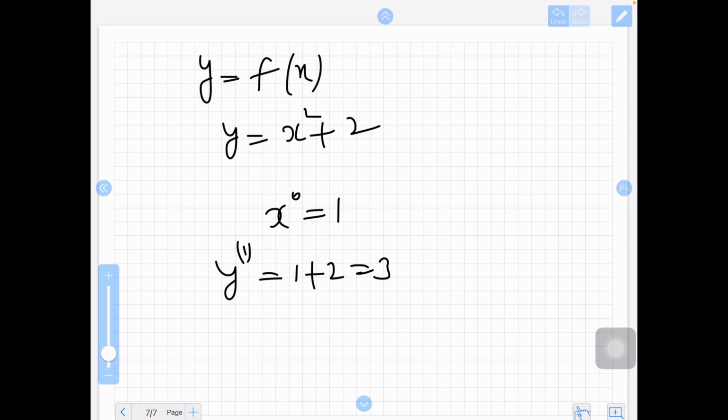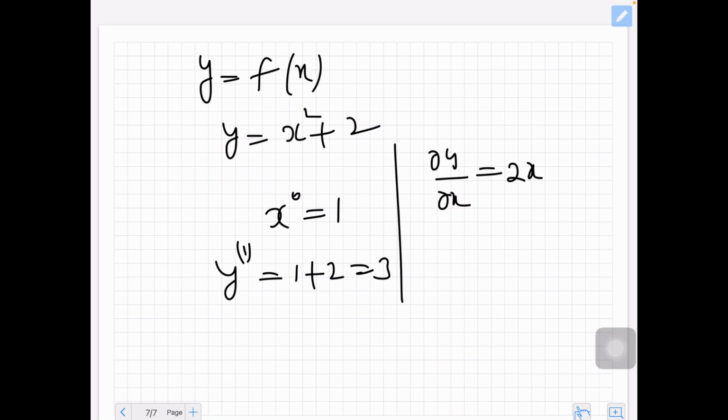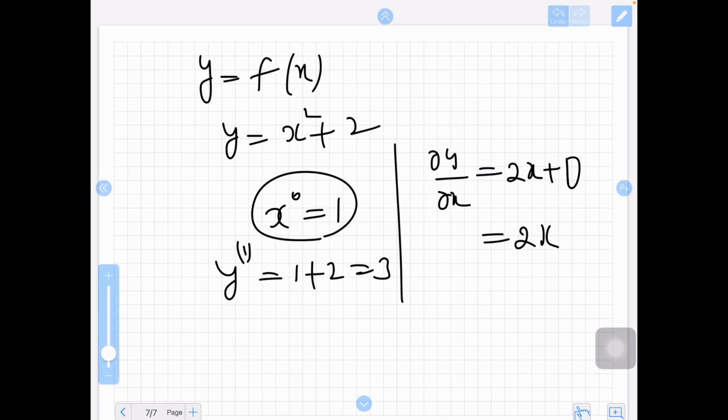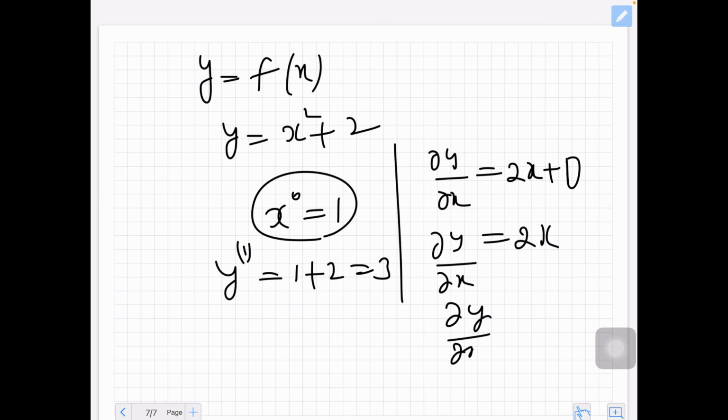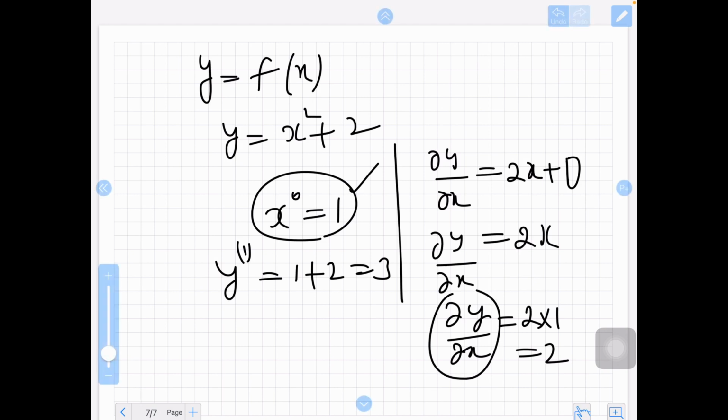Suppose if you consider dou y by dou x, you will get 2x plus 0, that is 2x. If you assume the initial value, the first derivative value, that is dou y by dou x, is equal to 2 into 1, that is 2. So that means by having the initial solution, you can find the derivative values with this example I showed.